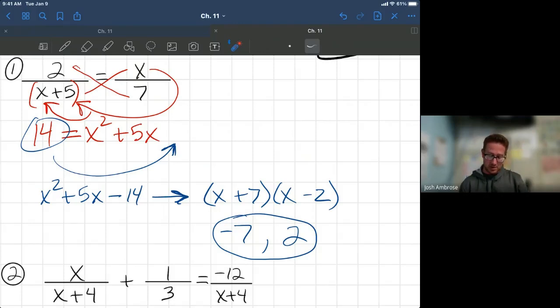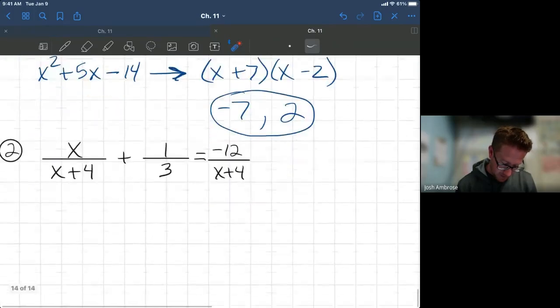So that one works out. Plug in a 2 right here. 2 plus 5 is 7. So that doesn't create a 0. So that means that both of these are actual solutions. One of them is not extraneous. Both are good. Both are actual solutions. So that one's done. Okay.